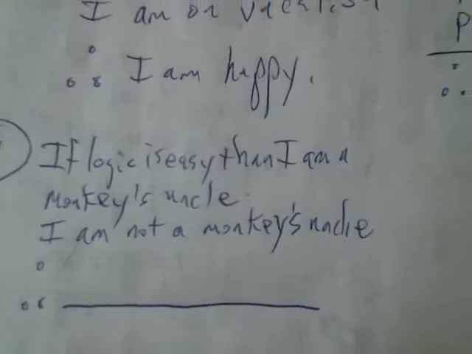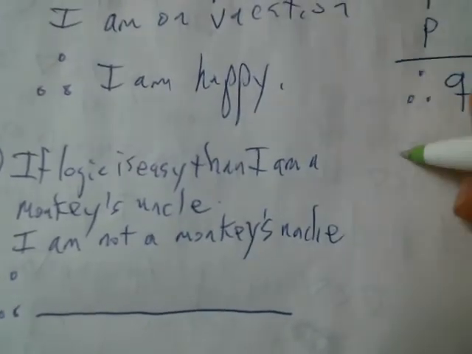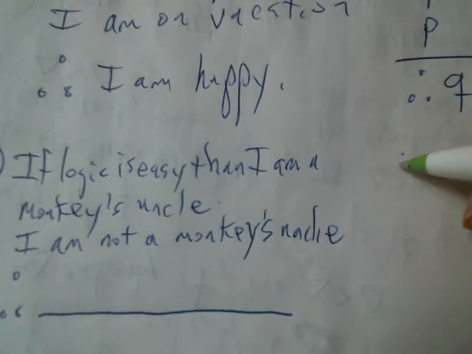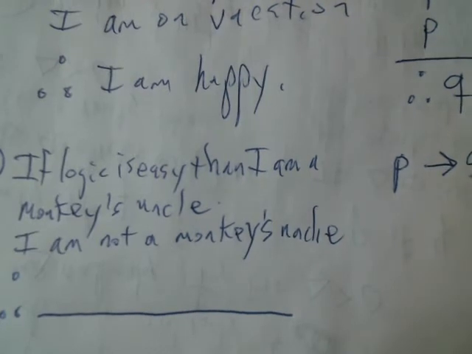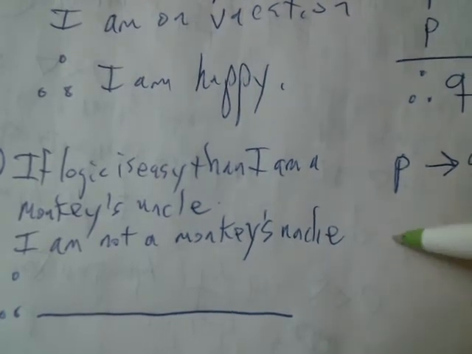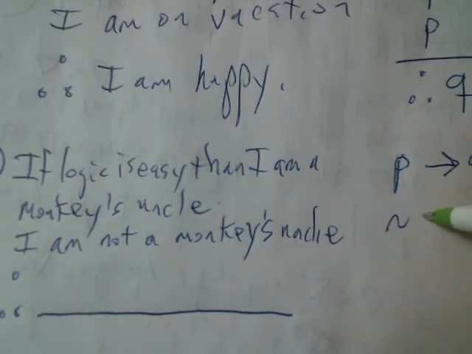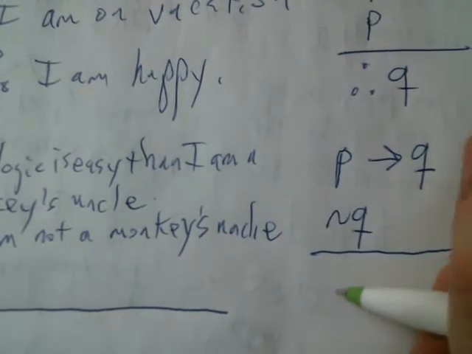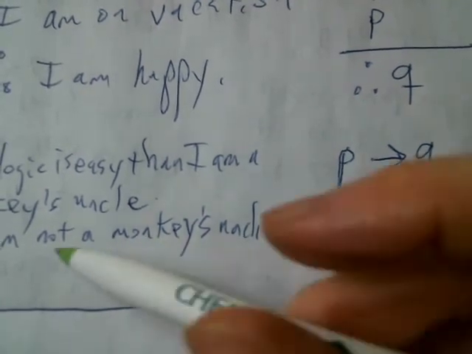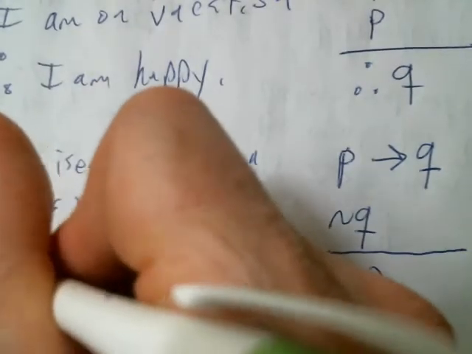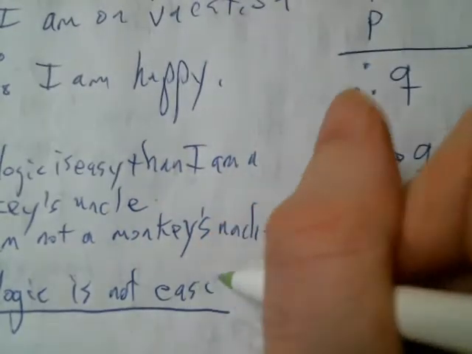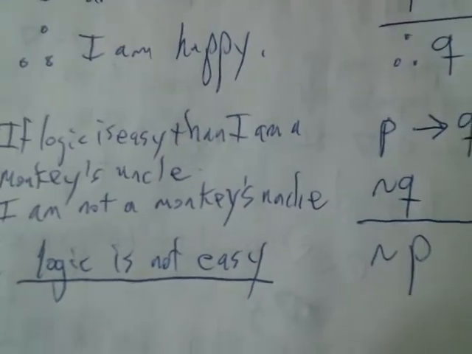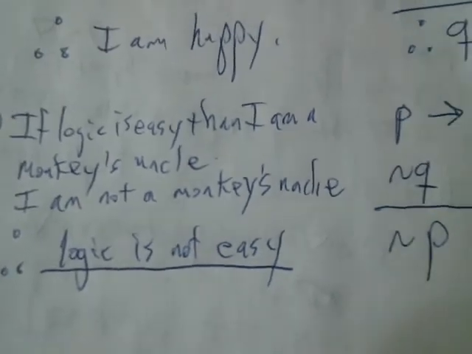So what is the form here? First, if logic is easy, let's say P, then Q, I'm a monkey's uncle. That's the first statement. The second statement, I am not a monkey's uncle, so they're basically saying not Q. So from modus tollens, my conclusion must be not P. P was logic is easy, so therefore logic is not easy. So you're just identifying the form and doing substitutions.